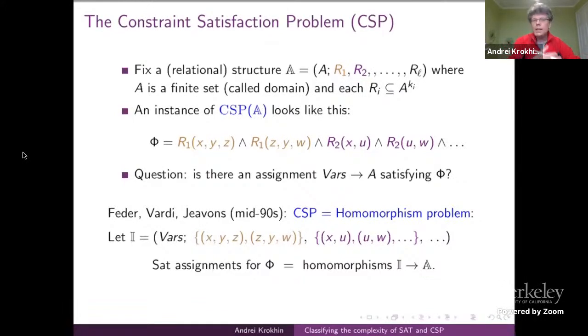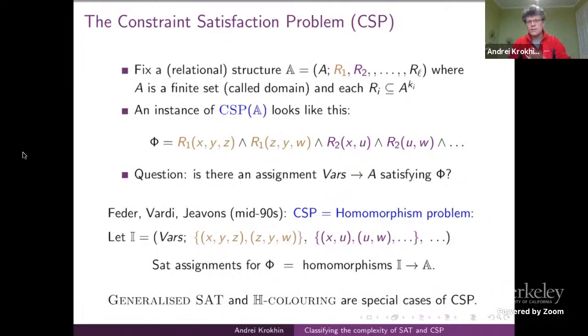So CSP and the homomorphism problem for relational structures is the same thing. This is what Feder-Vardi and Jeavons observed. And then, of course, it's clear from this that generalized SAT and H-coloring are special cases of CSP.